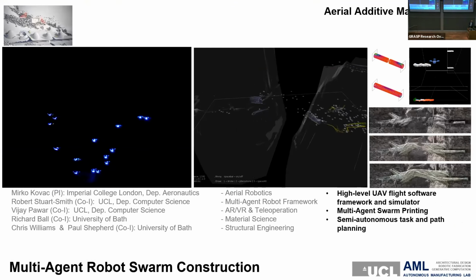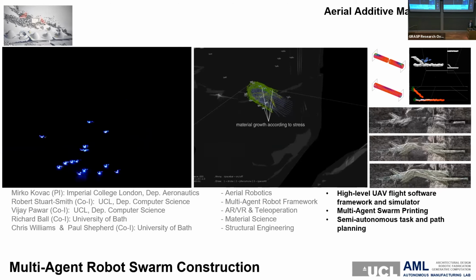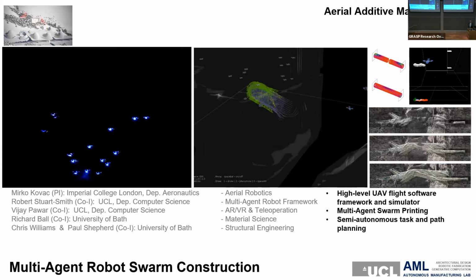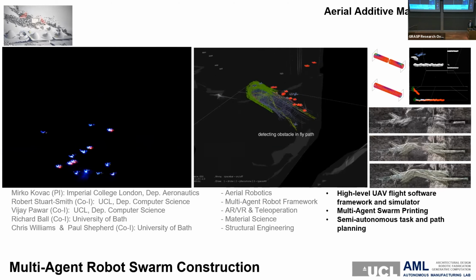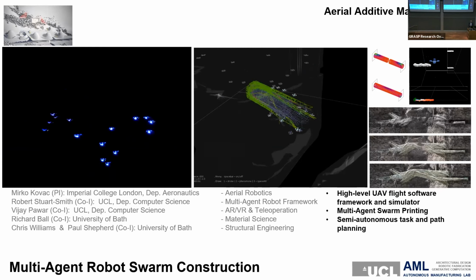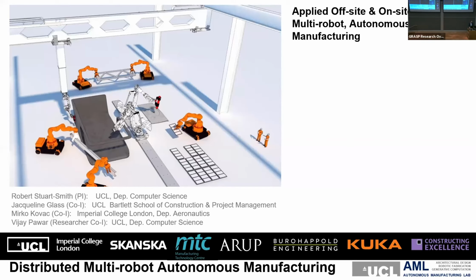And our work in that is, once again, really into multi-agent swarm construction, where we're developing a software framework that deals with both real-time robot high-level planning control, as well as simulation modeling and its interface in design, and incorporating things like anticipatory structural analysis in the loop. So in this case, construction and design are inseparable. It borrows a lot from principles of stigmergic construction.